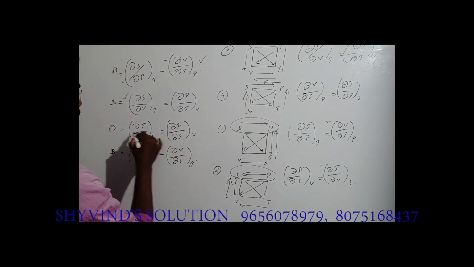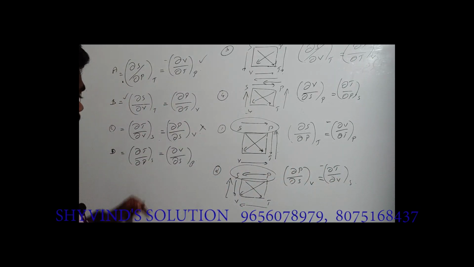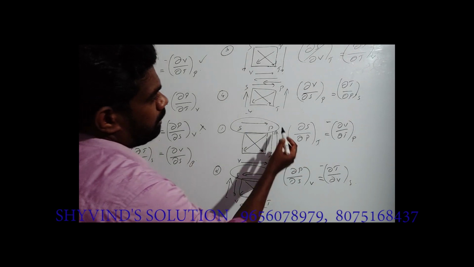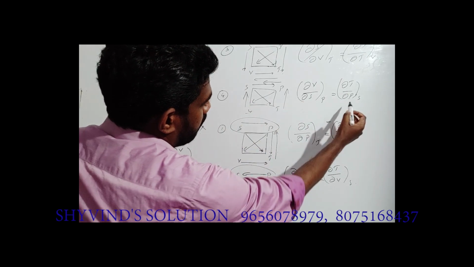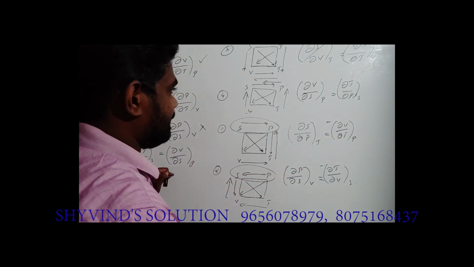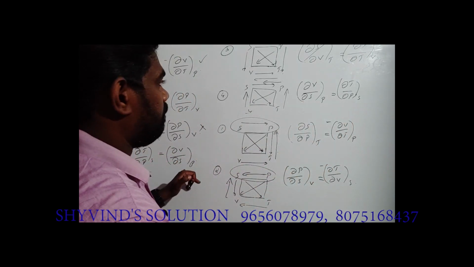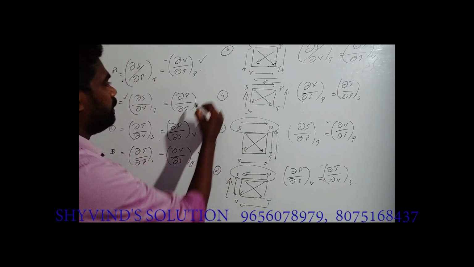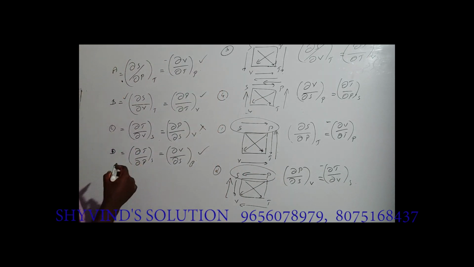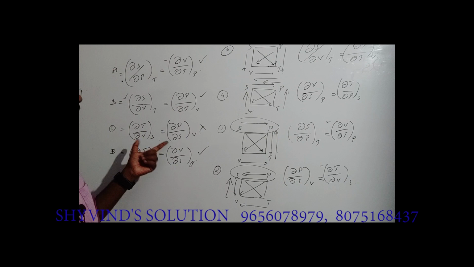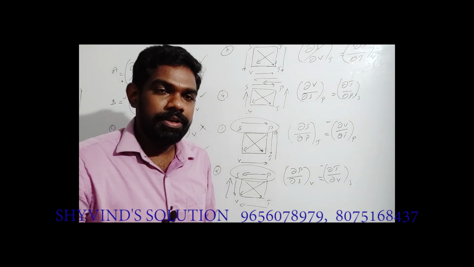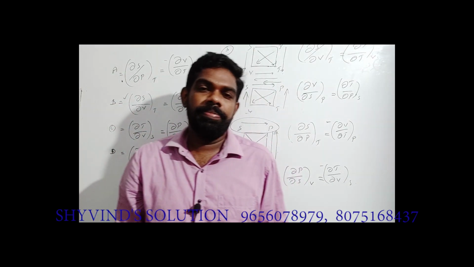There is no minus sign in this option, so this is wrong. Next, dou T by dou P at constant S is equal to dou V by dou S at constant P. This is also right. So options A, B and D are right and option C is wrong. That is the answer for question number 14.